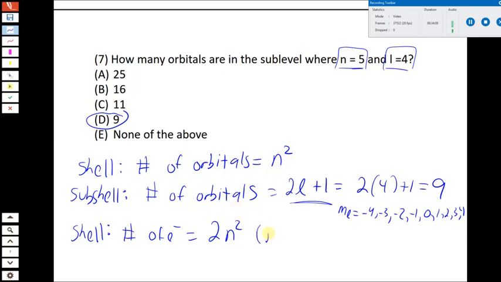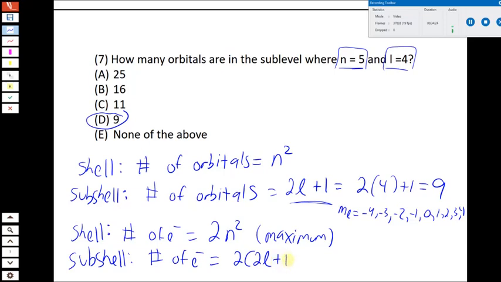And for a subshell, we have 2 times 2L plus 1. That being the maximum number of electrons that can go into a subshell. So those relationships are very closely related to each other, and both of them could come up on this part of the test. All right, questions?